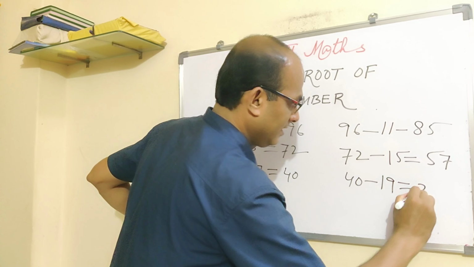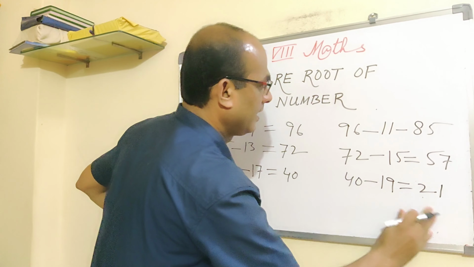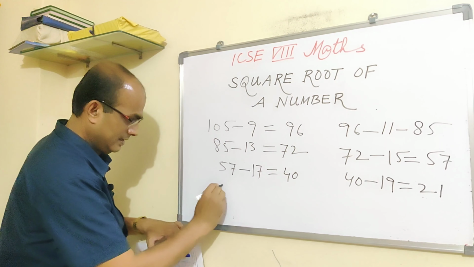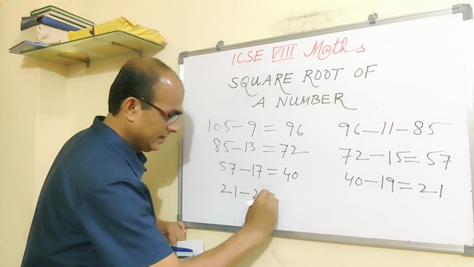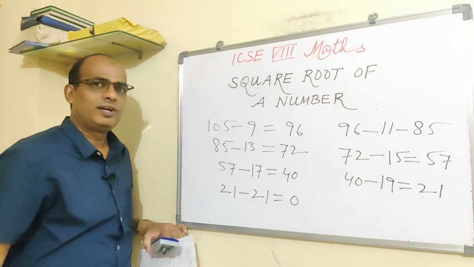So then we get 21, and then 21 minus next number, which will be 21. We are getting 0. Yes, we got 0. This is what we want.